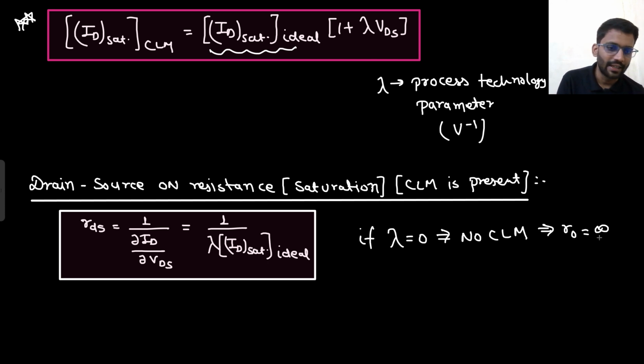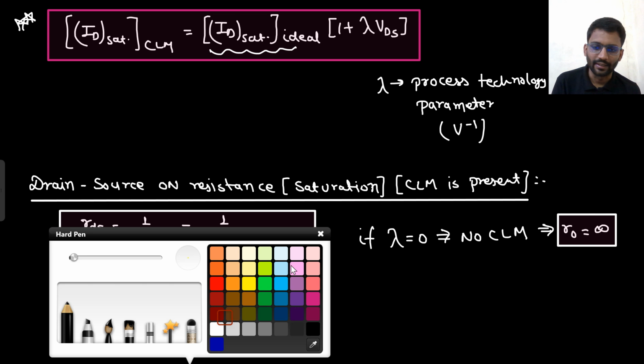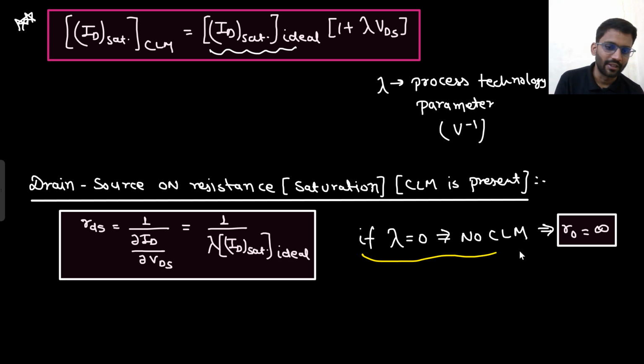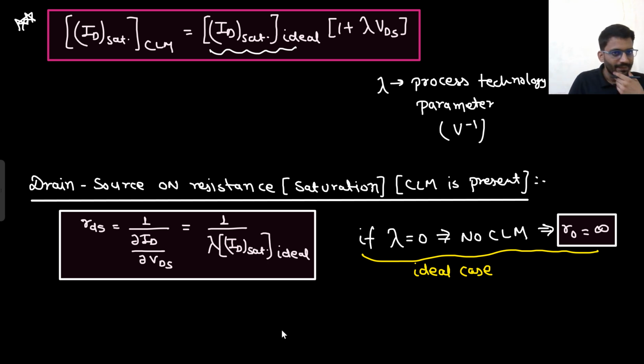This is the ideal case only. So in the ideal case, lambda will be 0, there will be no channel length modulation, and your R0 will be infinity.